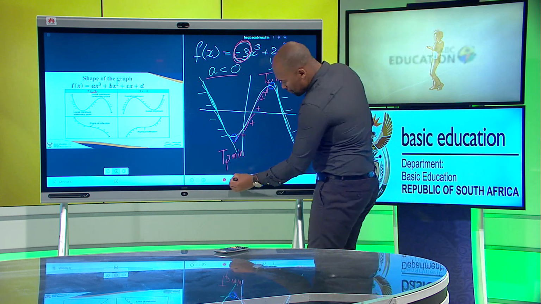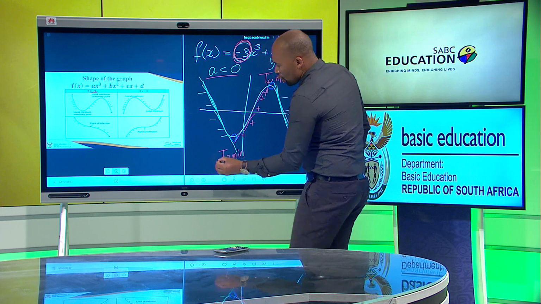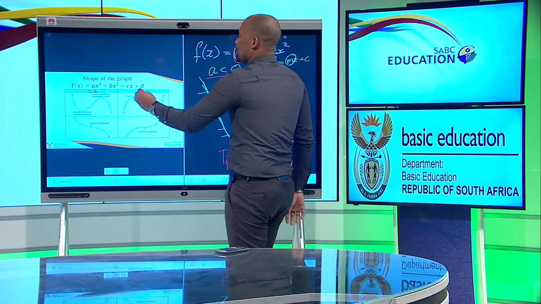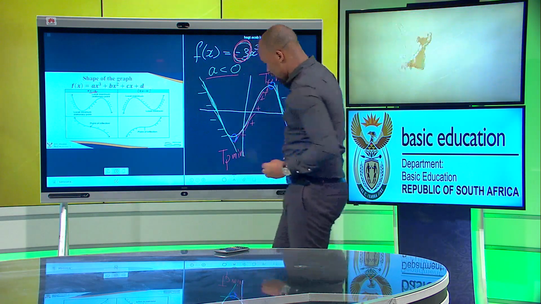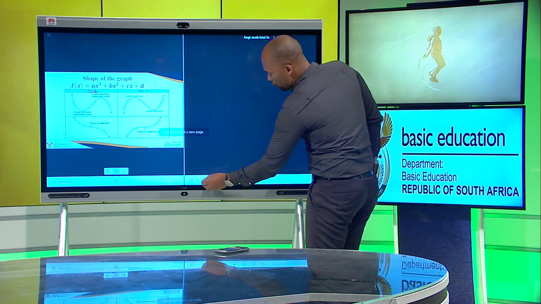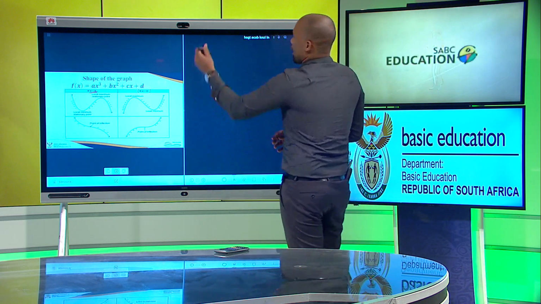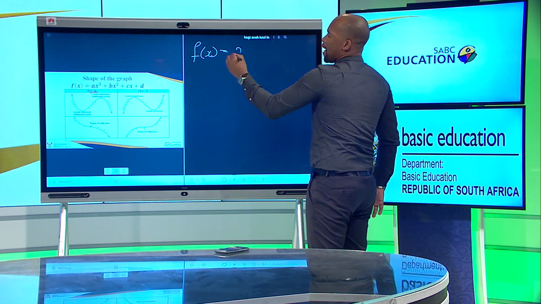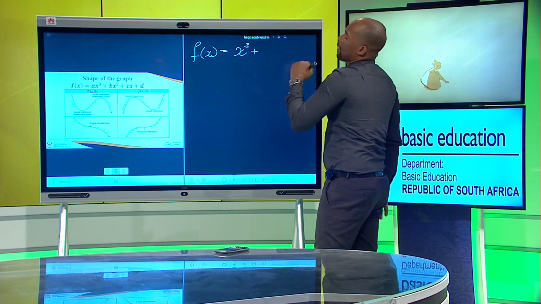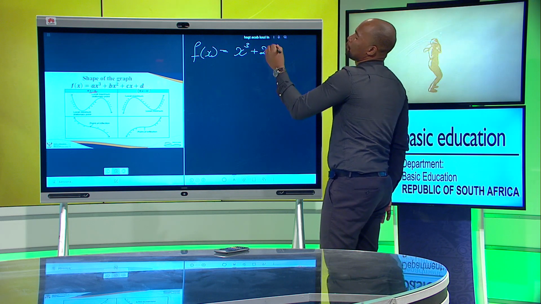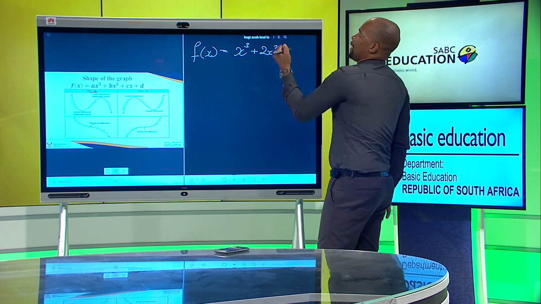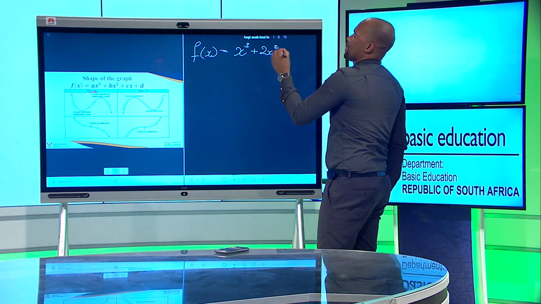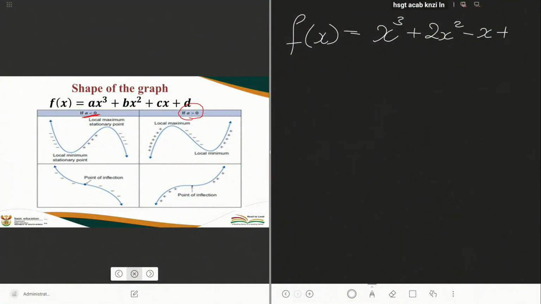Then let's go to when the value of a is positive. Let's have an example. I'm thinking of f of x to be equal to x cubed plus 2x squared minus x, maybe plus 5. I don't need everything here to determine the shape of the graph.